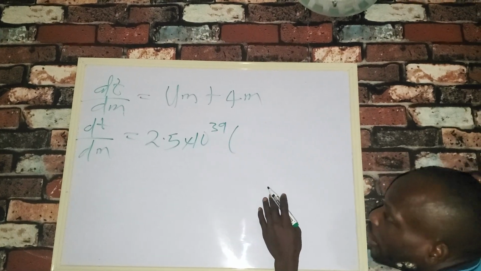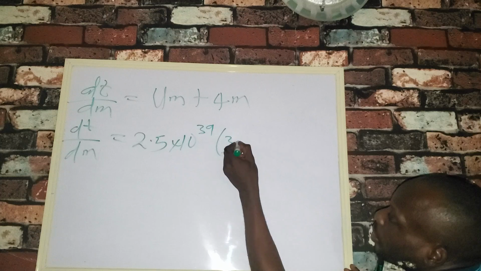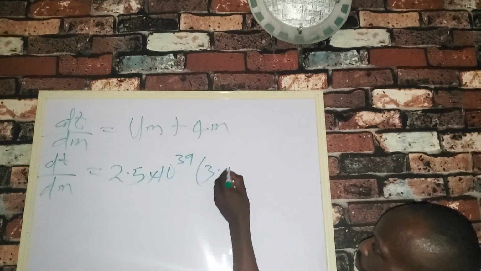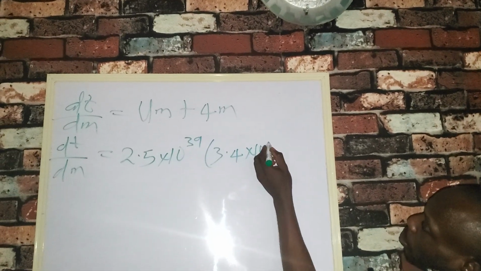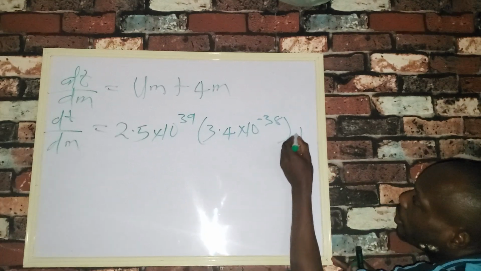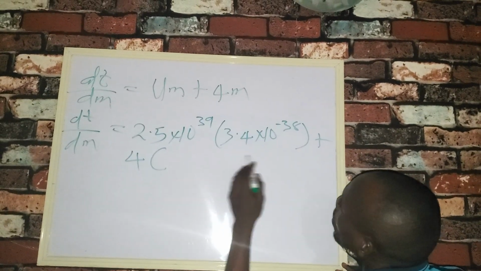Then we open brackets. We now have the quantum mass worth, which is 3.4 times 10 raised power minus 38. We close the bracket, then plus 4. Then we repeat the mass.